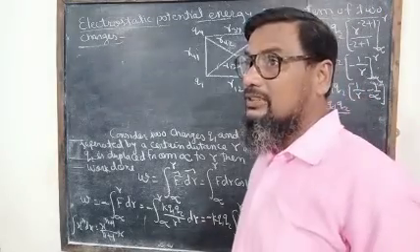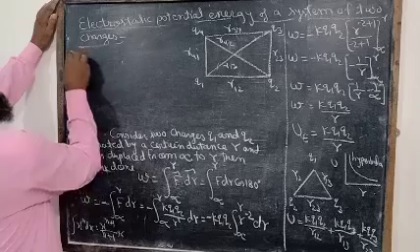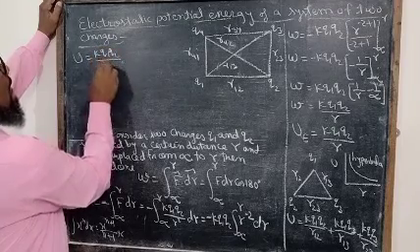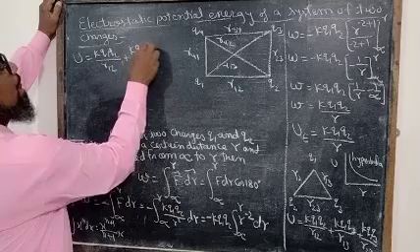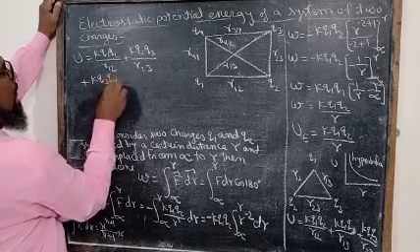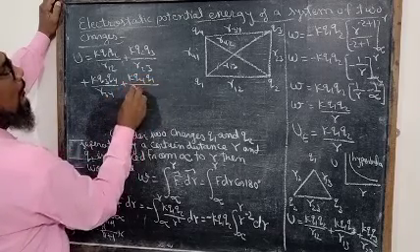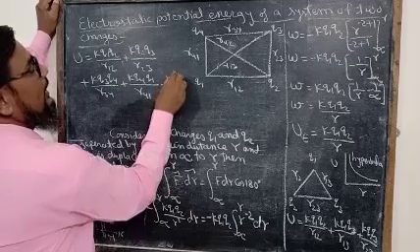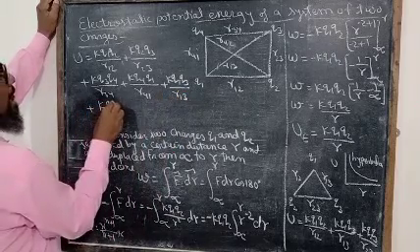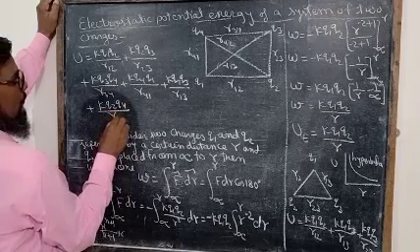Then the potential energy U of the system of these four charges is equal to K Q1 Q2 upon R12 plus K Q2 Q3 upon R23 plus K Q3 Q4 upon R34 plus K Q4 Q1 upon R41 plus K Q1 Q3 upon R13 plus K Q2 Q4 upon R24 or R42.